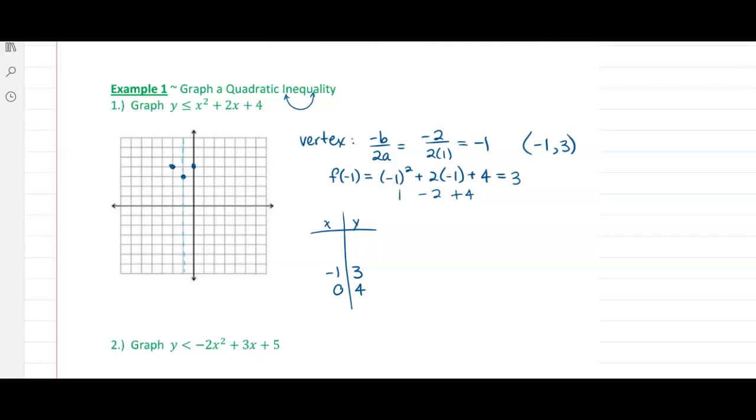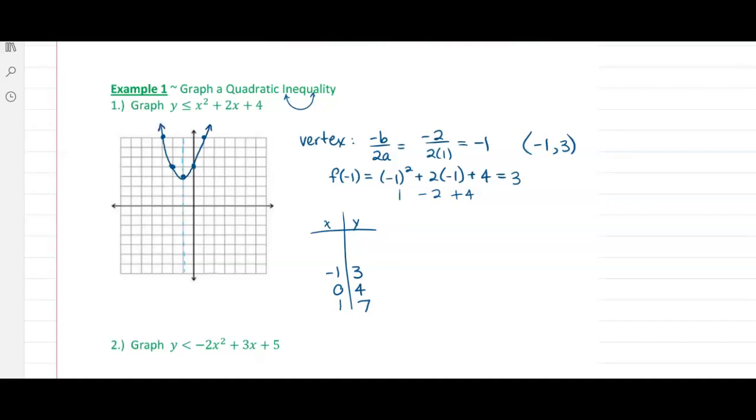Buy one, get one free, I get that point. How about the point 1? 1 squared plus 2 times 1 is 3, plus 4 makes 7. 7 would be right here. Buy one, get one free. We also get this point over here. So I have a picture of my quadratic. There's the graph of it.